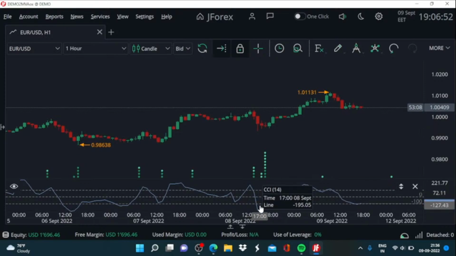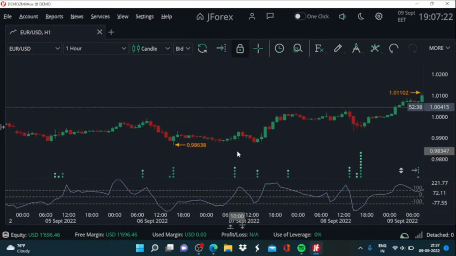So that is the classical interpretation of this indicator, and we try to buy when we have the momentum on the bullish side, the output of the CCI is above zero, and we start looking for short selling opportunities when we have the output of the CCI in negative territory below zero. That's how this indicator is going to be helpful while looking for opportunities to trade.